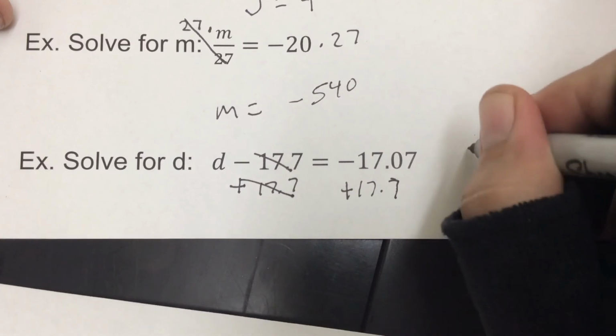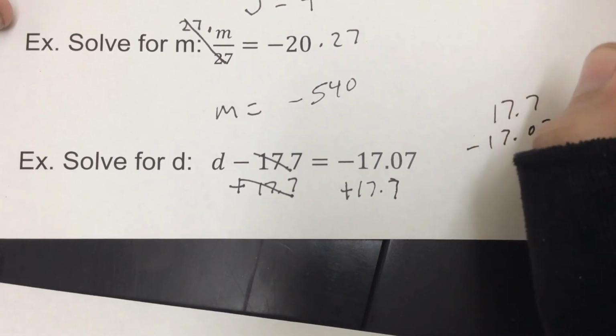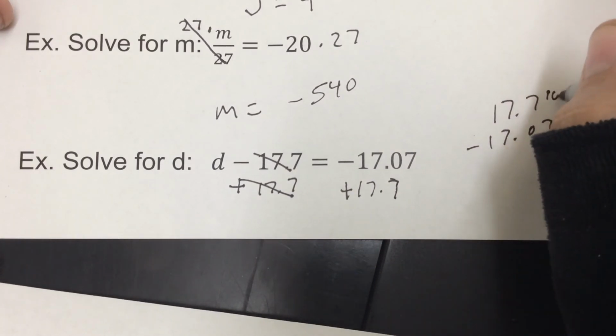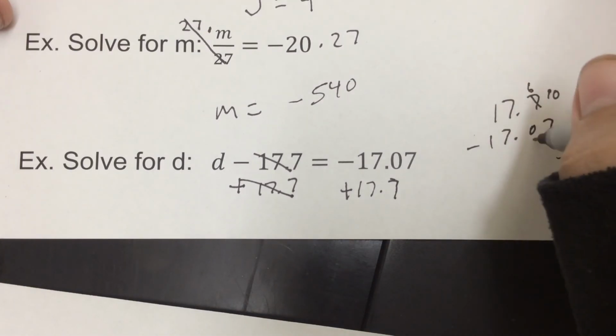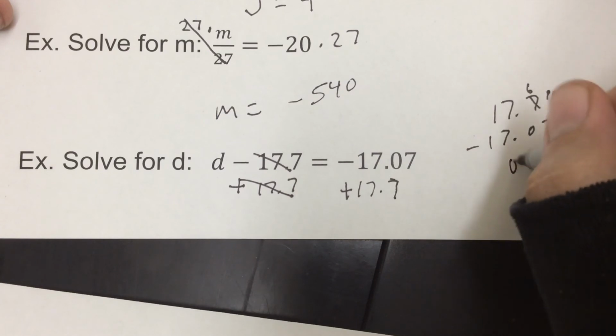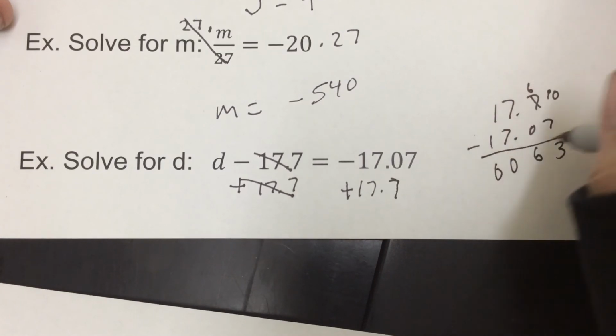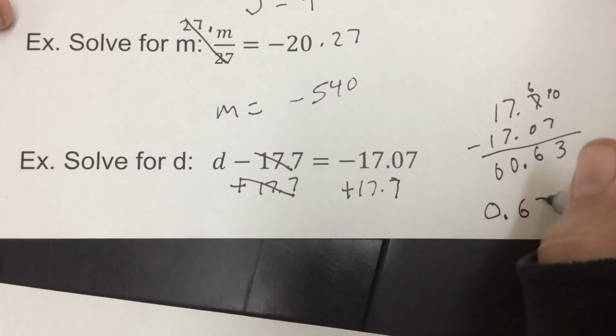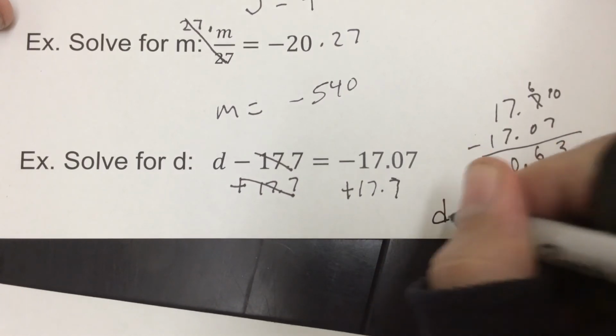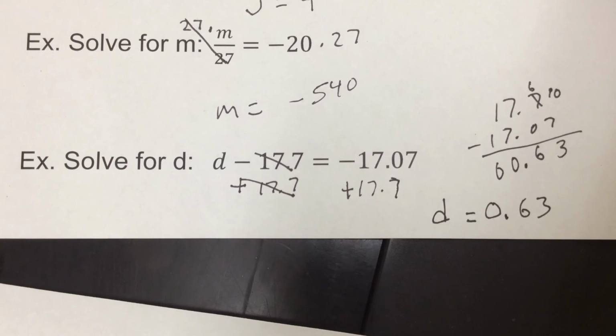So 17.7 minus 17.07. We're going to make this a 10 by borrowing. Make it 3. 6 minus 0 is 6. 7 minus 7 is 0. 1 minus 1 is 0. Bring the decimal down. So 0.63 would equal d.